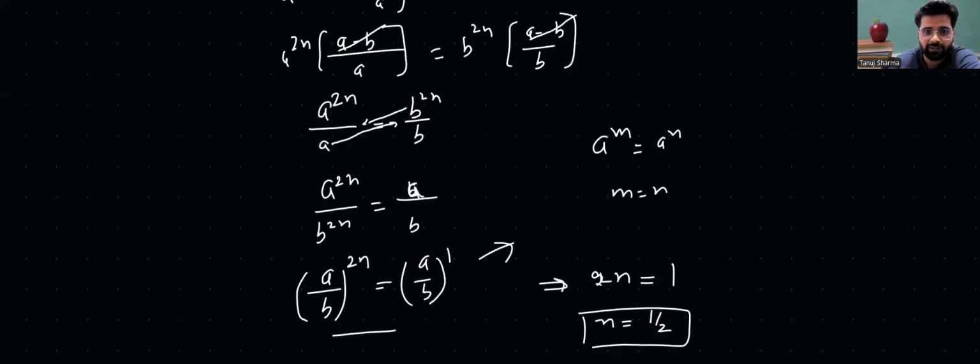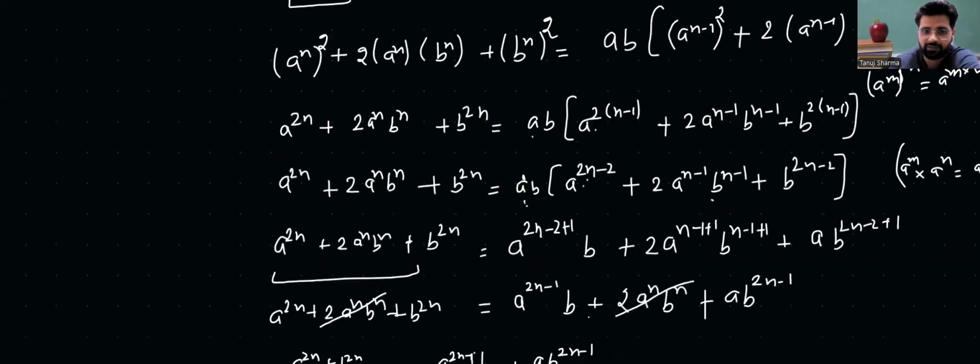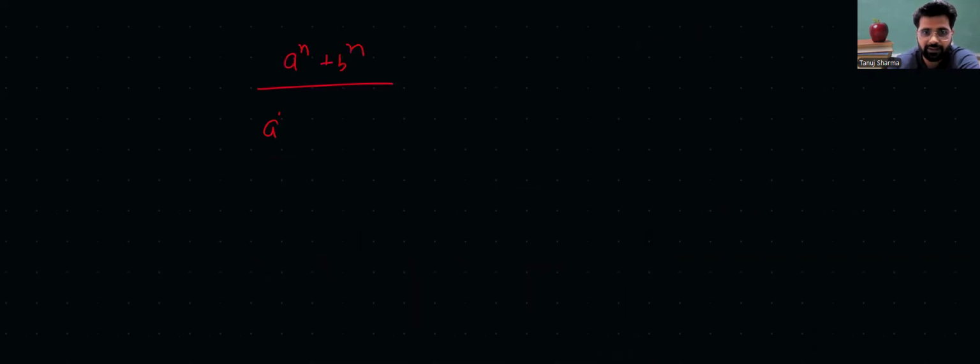Originally it says a raised to power n plus b raised to power n divided by a raised to power n minus 1 plus b raised to power n minus 1. So let me check.